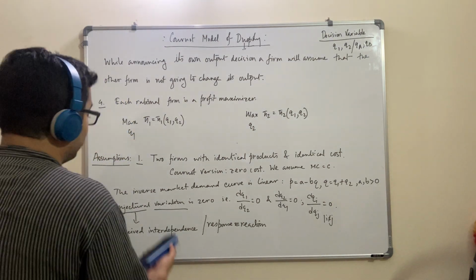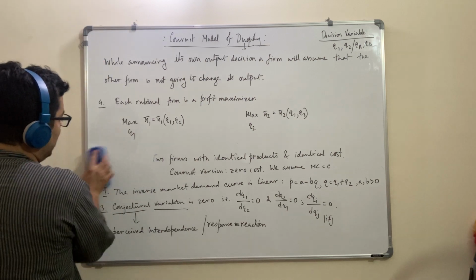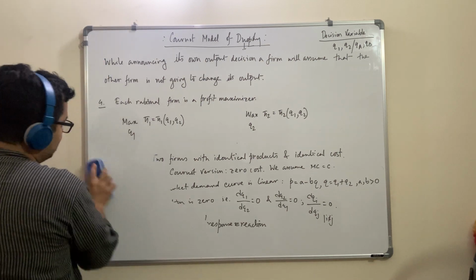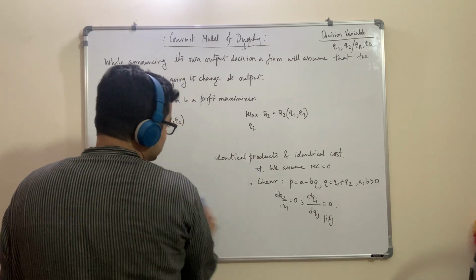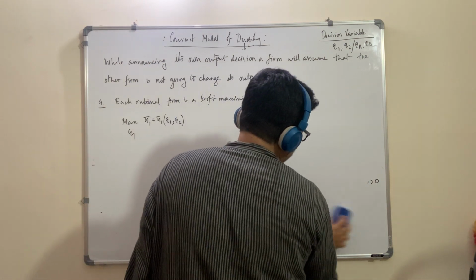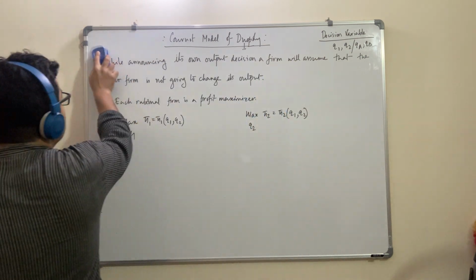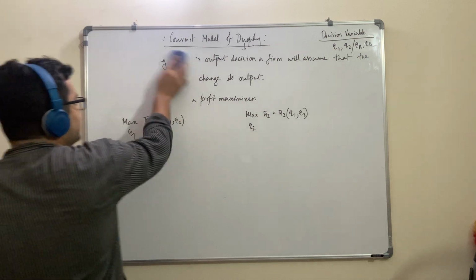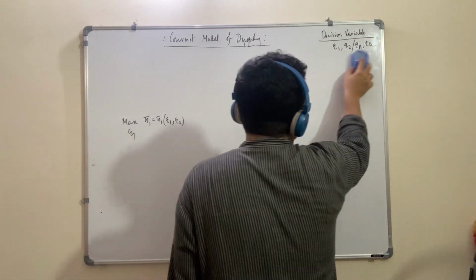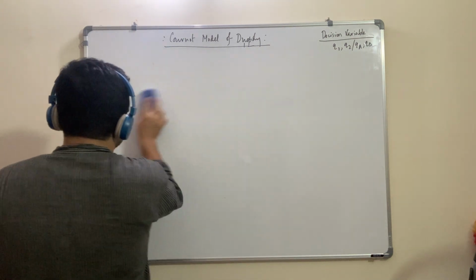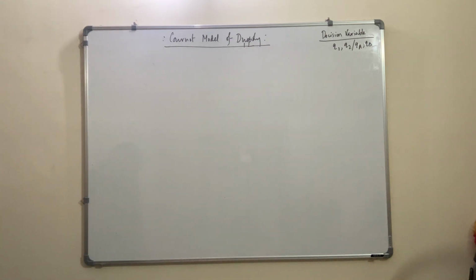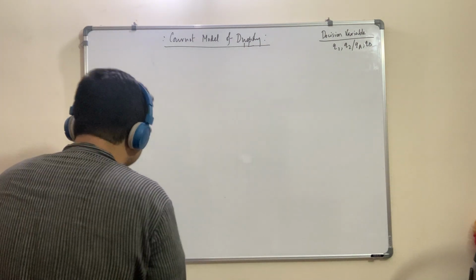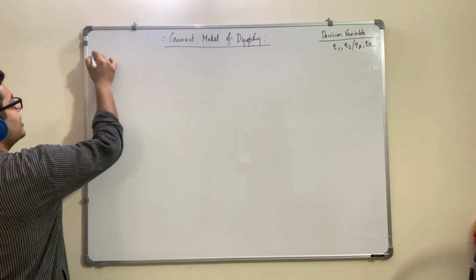Just to mention, this is again the point from where the game theoretic approach also starts, which we will deal with later. So, isoprofit curves.